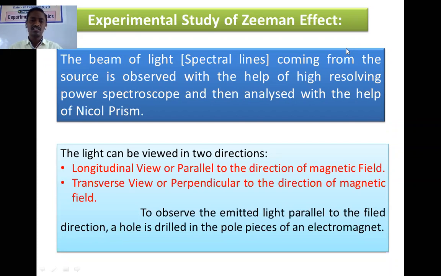The transverse observation is much simpler, but to observe the emitted light parallel to the field, in a longitudinal view, a hole is drilled in one of the pole pieces of the electromagnet.